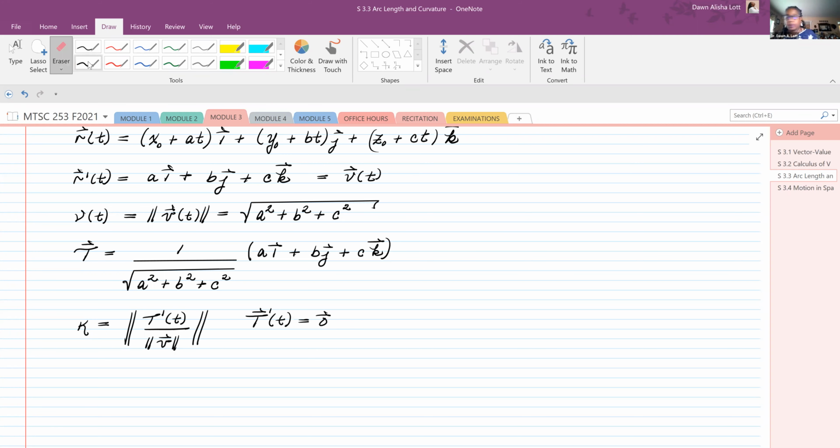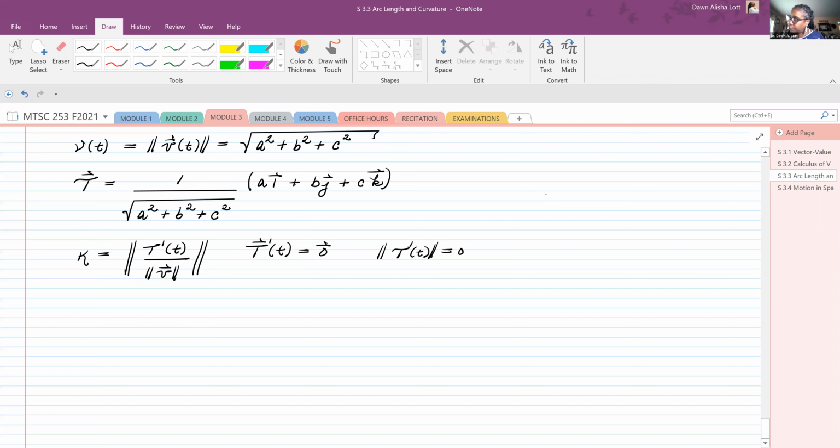So it's the zero vector. When I take the length of that, that's just 0. So therefore my curvature turns out to be 0. Okay, so that's the first thing.